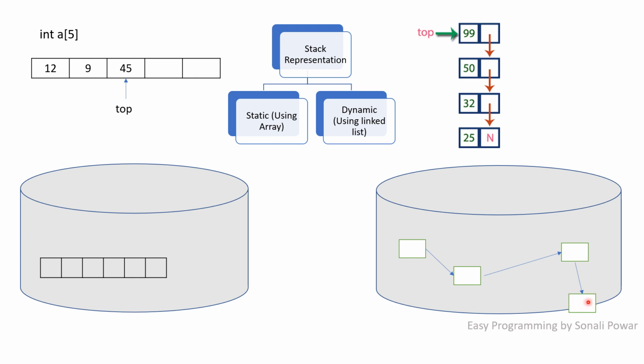Afterwards you push the new element, then this new element becomes your top. But how can I link or access this previous element? Through the link only I can access this previous element, because I will not get the address of this previous element. Memory is not allocated continuously, so you have to store the address of the previous element, then only I can access that element. So this is the overhead in the linked list representation. You have to store the address of the previous elements also.